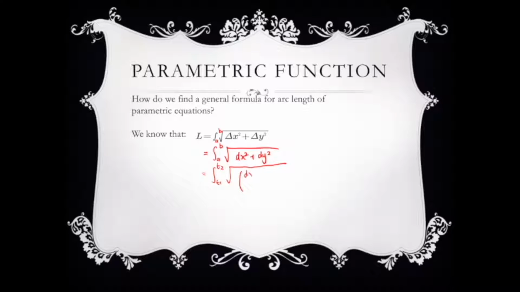Now, to change dx and dy into terms of dt, we can multiply and divide by dt to change arc length to the integral from t1 to t2 of the square root of dx over dt squared plus dy over dt squared dt. dx over dt and dy over dt can be rewritten as x dot and y dot, giving the final equation to be the integral from t1 to t2 of the square root of x dot squared plus y dot squared dt.